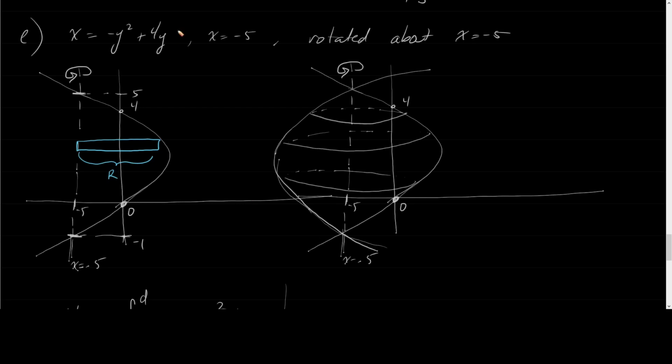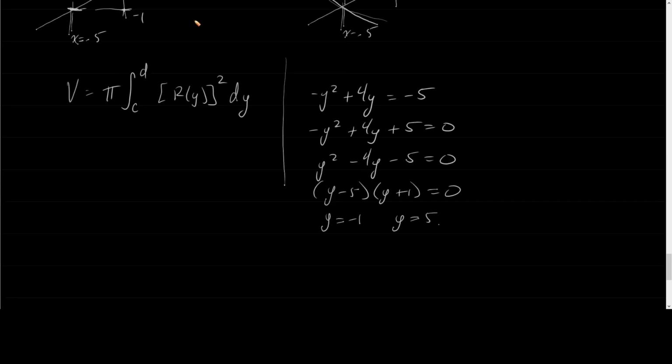So the big value is the function negative y squared plus 4y, that function of y, and the small value is negative 5. So what I'm saying there is that r of y is going to be negative y squared plus 4y minus negative 5, which can be written as negative y squared plus 4y plus 5. So that's our radius function. All right.